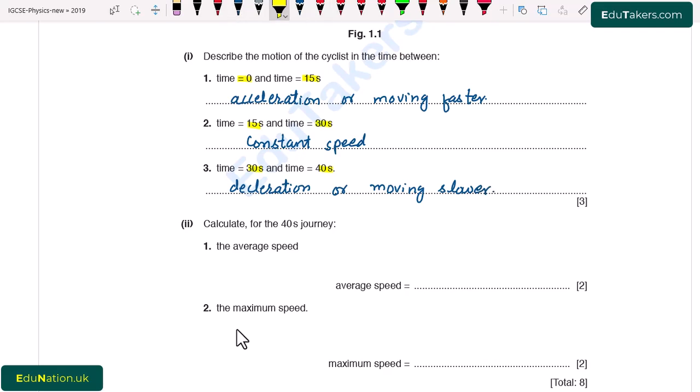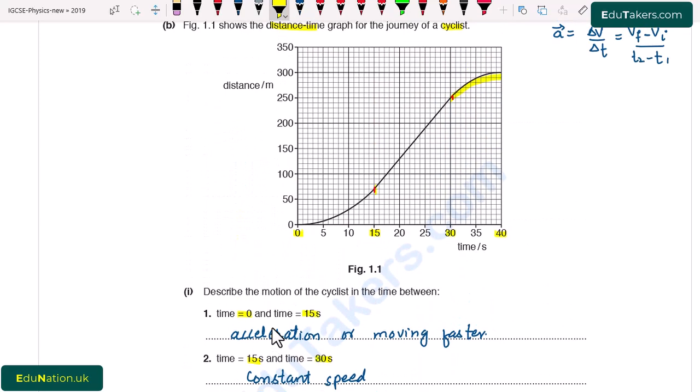Part 2. Calculate the average speed for the 40-second journey. We have to calculate the average speed here. And it's given a distance-time graph. The speed is found by taking the slope of the distance-time graph.